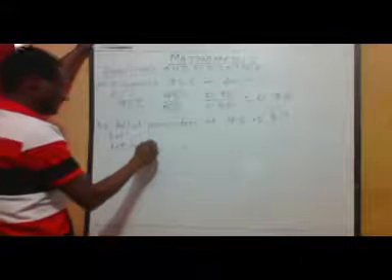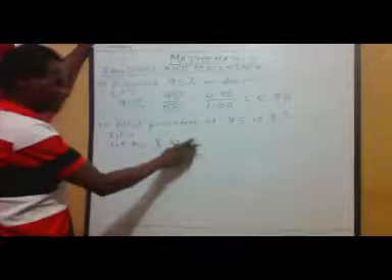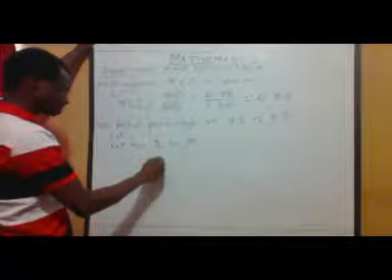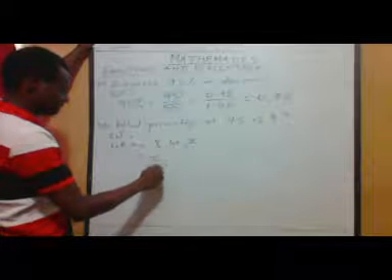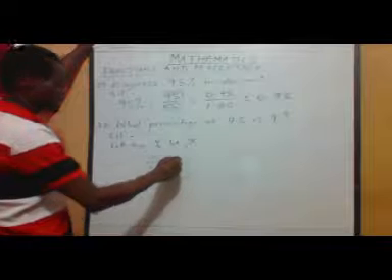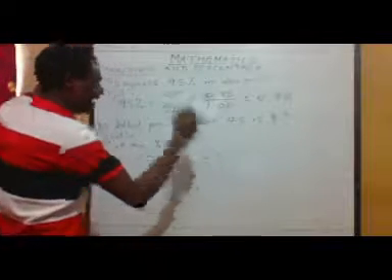All you need to do is, solution to this, let the percentage be x. If the percentage is x, then it will be x divided by 100 times 45 is equal to 9.